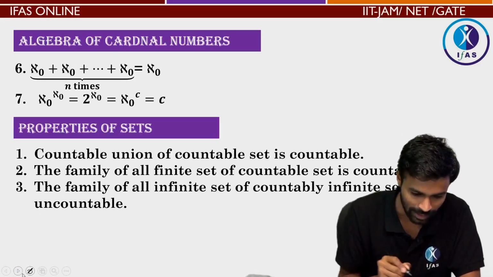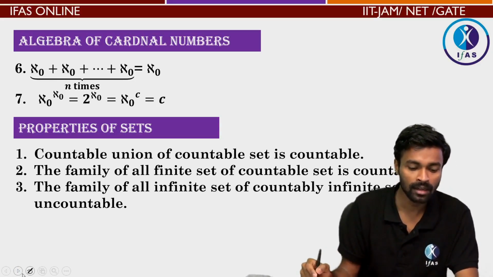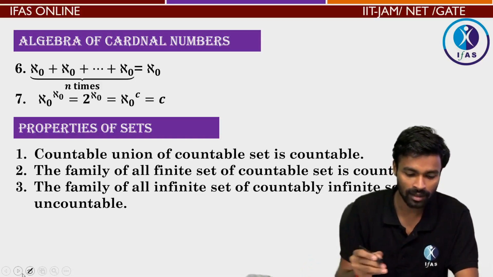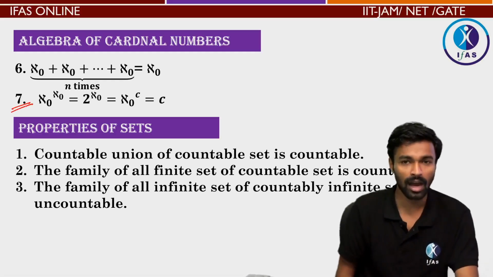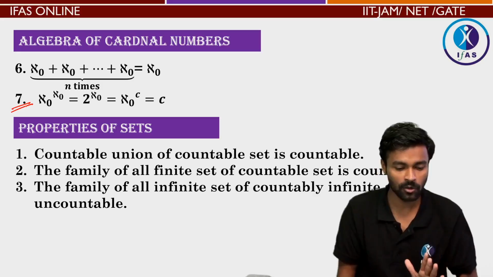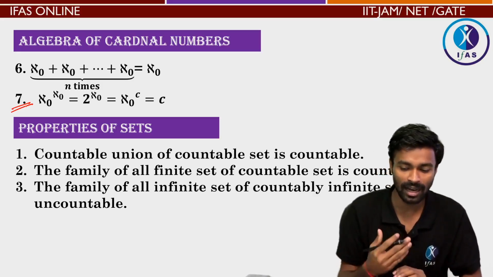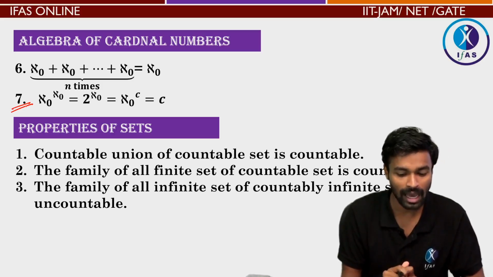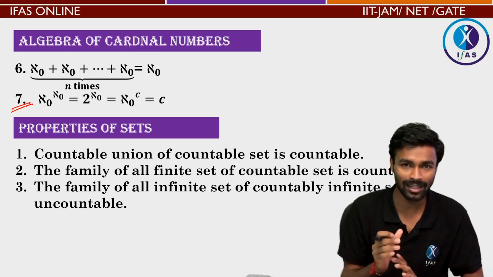Right. The next property, the next algebra is n times summation of aleph naught is again aleph naught, and the last one and the most important is aleph naught to the power aleph naught is equals to 2 to the power aleph naught, which is again equals to aleph naught to the power c, and which is equals to c. Okay, c is continuum actually.